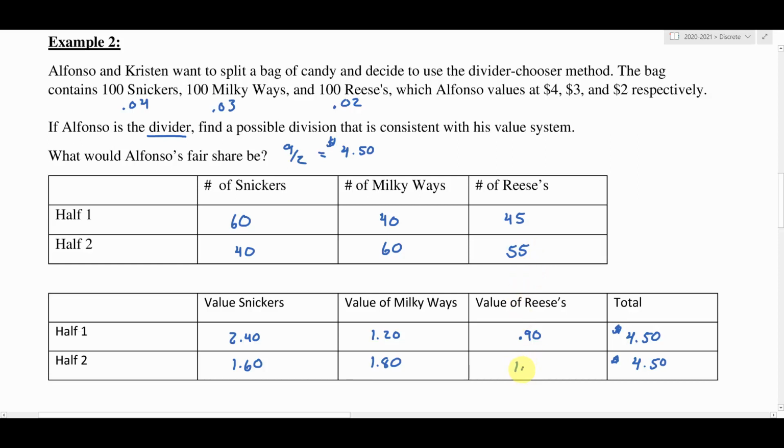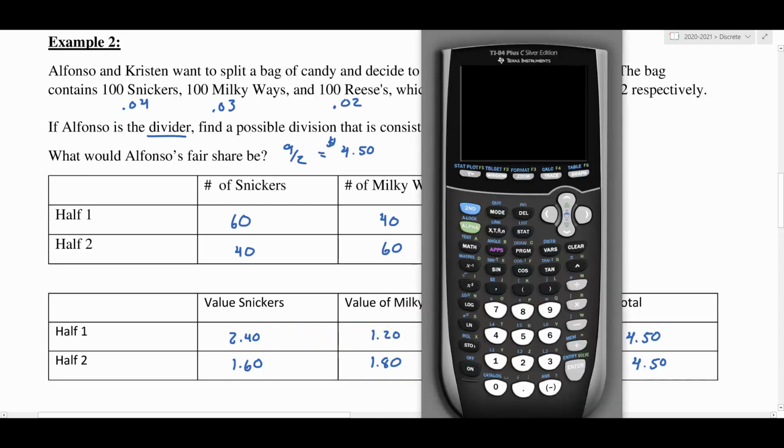So if there's 45 Reese's in half one, the remaining 55 have to go to half two, and we would have $1.10 worth of Reese's in half two. Now I'm going to check and make sure that these add up to $4.50. So I'm going to add these together.